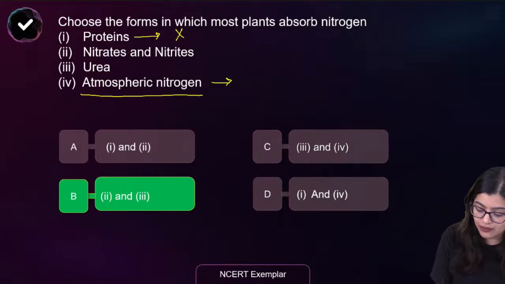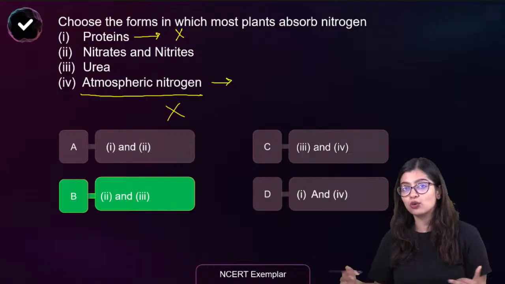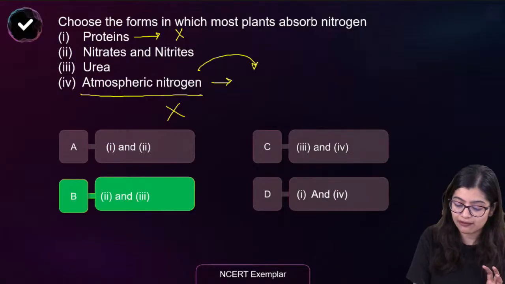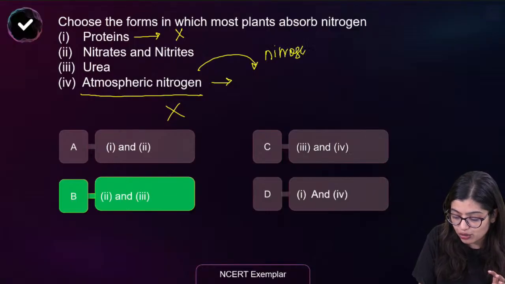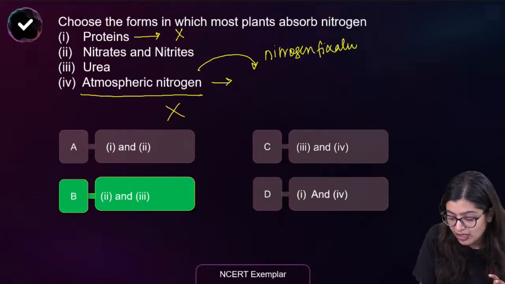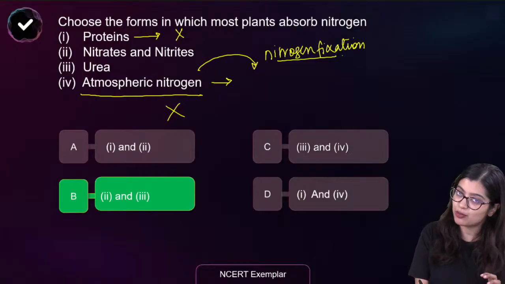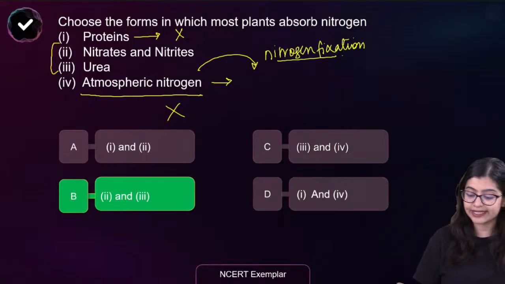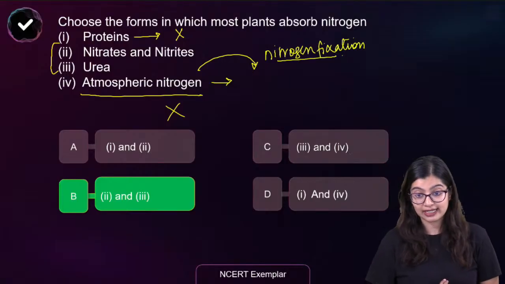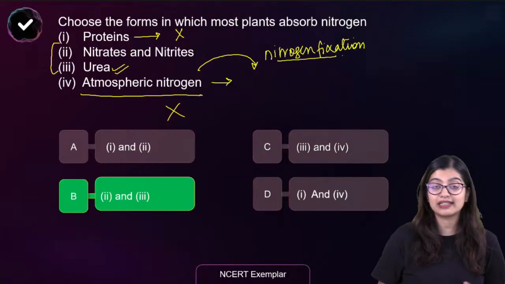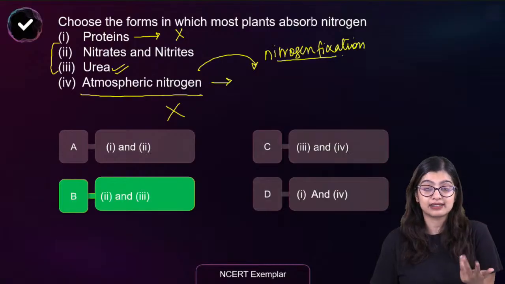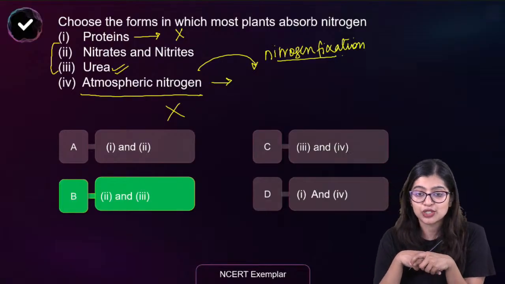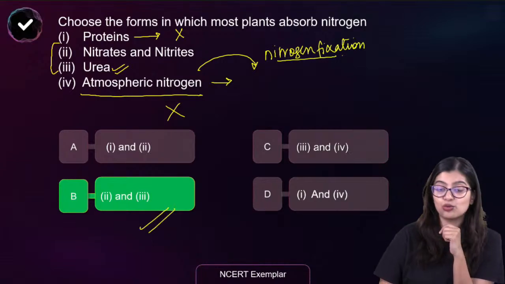We know that atmospheric nitrogen cannot be directly utilized by plants, which is why there is a need to convert them into usable forms, which we call nitrogen fixation. Yes? If you don't remember this, please go watch a beautiful video of mine on nitrogen cycle. So how can they utilize it? They can use it in the form of nitrates and nitrites. And then of course we see that urea, right? Fertilizers, one type of fertilizer is urea, which is easily absorbable by the plant. Which is why in this case the correct answer is 2 and 3.